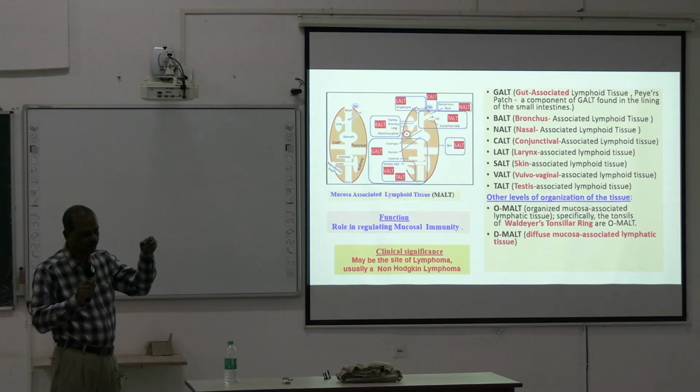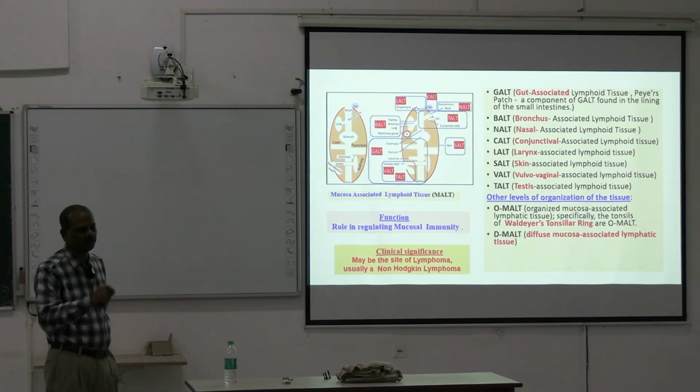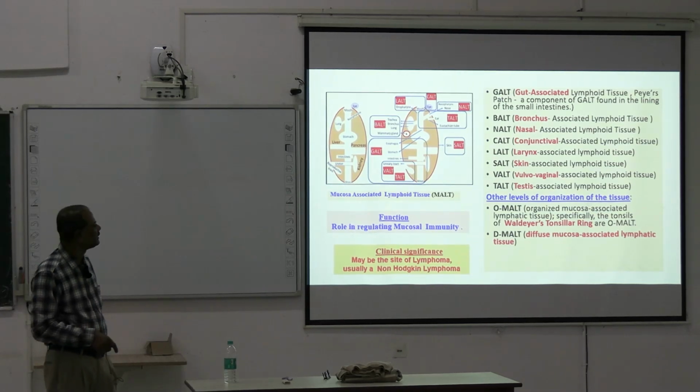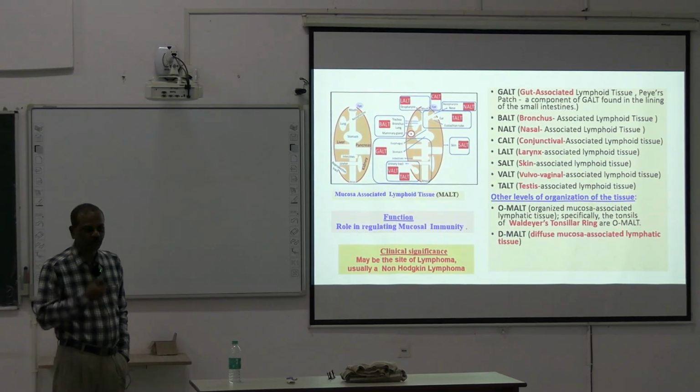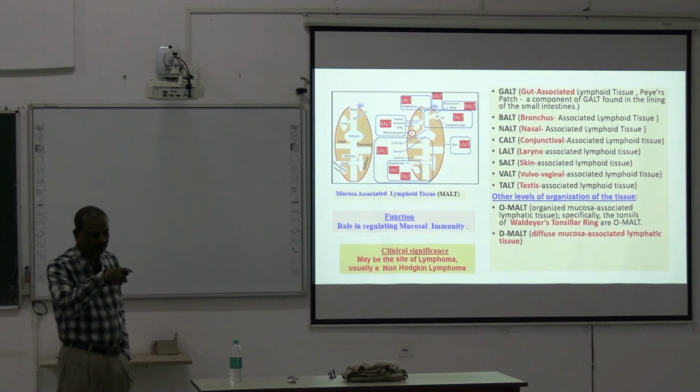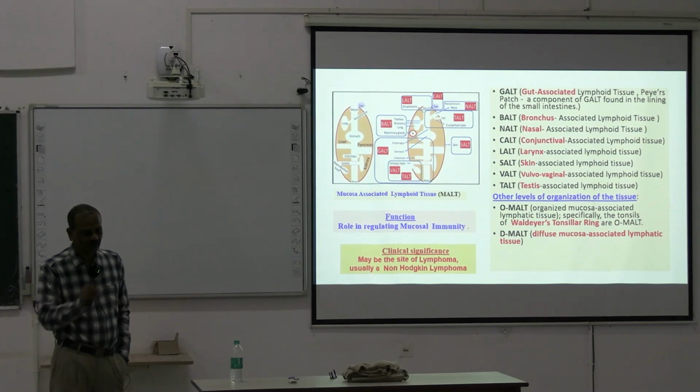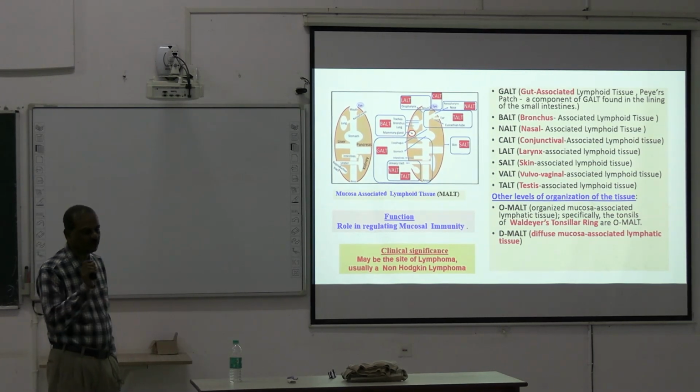Where it opens in the nasopharynx, we have a tubal tonsil, and then the lingual tonsil on the posterior surface. If you protrude your tongue too much, you will see some round-shaped structures at the back of the tongue. These are all lymphoid organs.